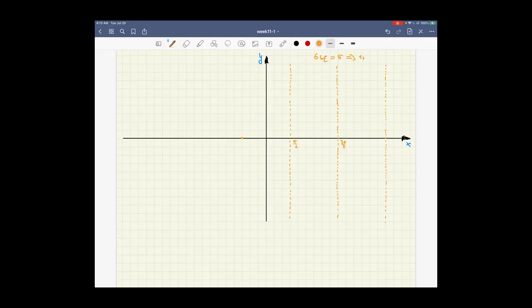So 1 square equals pi over 6. This asymptote is negative pi over 2. This asymptote is negative 3 pi over 2. And this asymptote is negative 5 pi over 2.